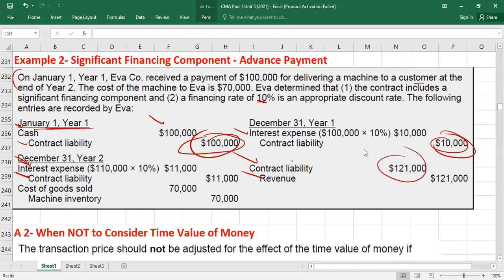What was the balance in the contract liability? 121,000: 100,000 plus 10,000 plus 11,000. We will debit contract liability and credit revenue. At the same time we will book the cost of goods sold. What was the cost of the item? 70,000. You will debit cost of goods sold and credit inventory by 70,000. Understood?